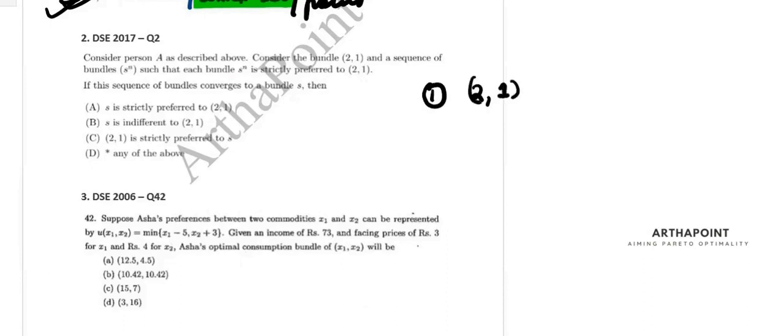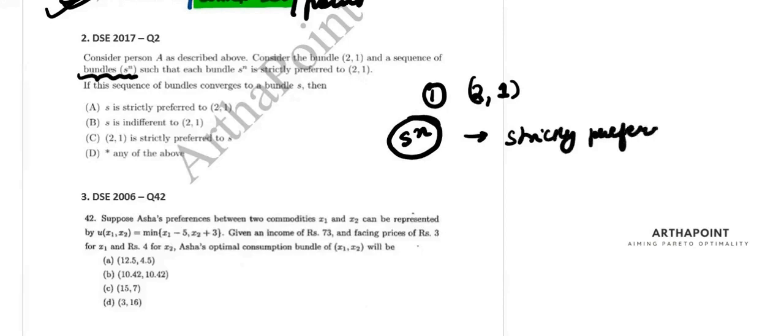And whenever I create a sequence of bundles Sn, whatever the sequence is, this sequence is strictly preferred over (2, 1).